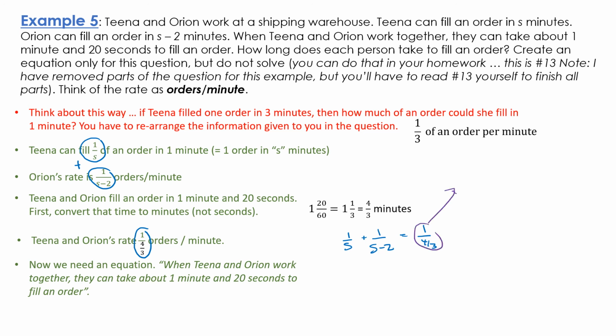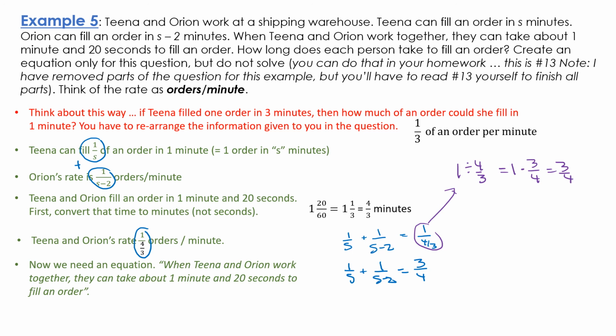So let me put an aside over here. 1 divided by 4/3 is the same as 1 times, invert and multiply, 3 over 4. So I'm going to change that to 3 over 4. 1 over S plus 1 over S minus 2 is equal to 3 over 4.